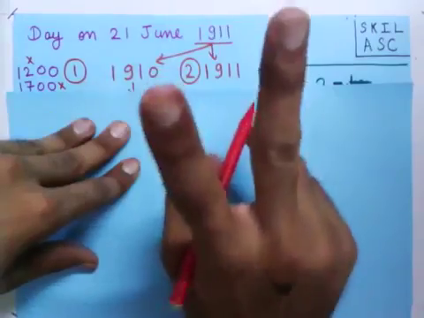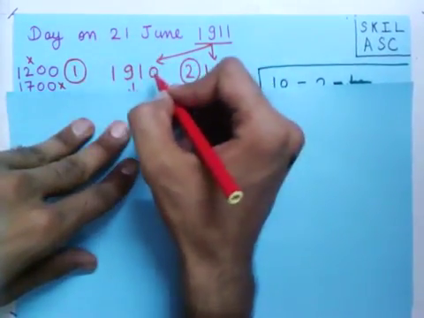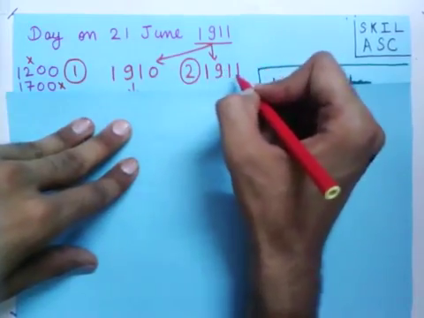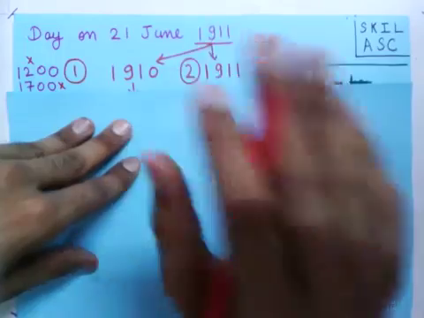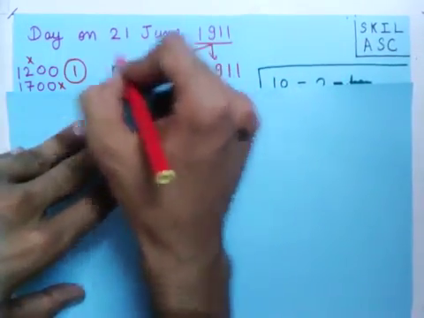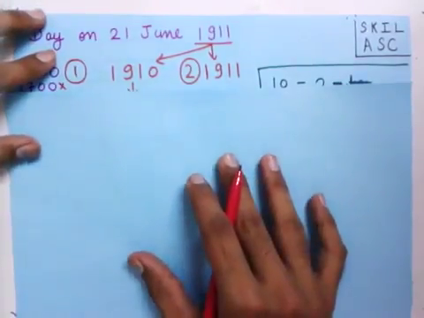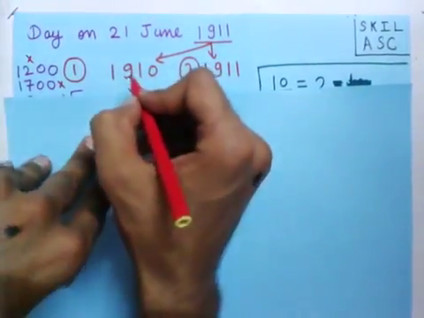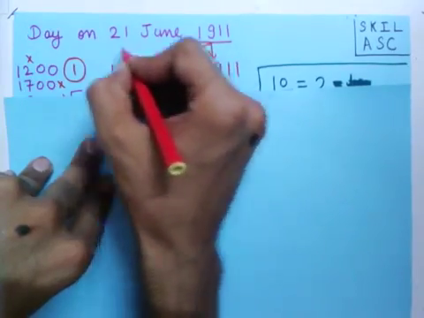Now we have 2 years, that is 2 parts. The first part is 1910 and the second part is 1911. We will talk about the second part later. First we solve the first part, which is 1910. The next step is to take out a century from this year.